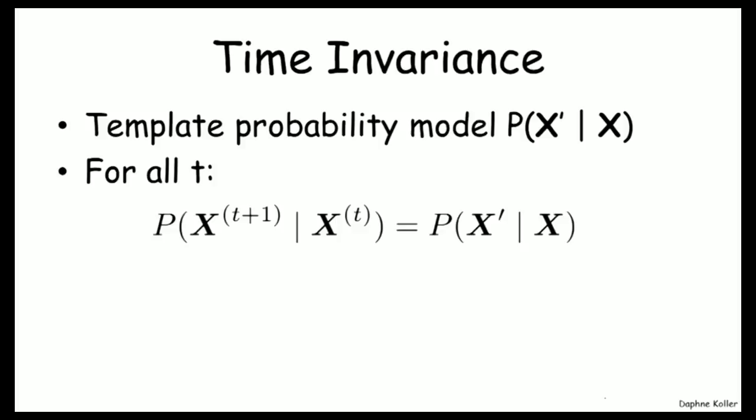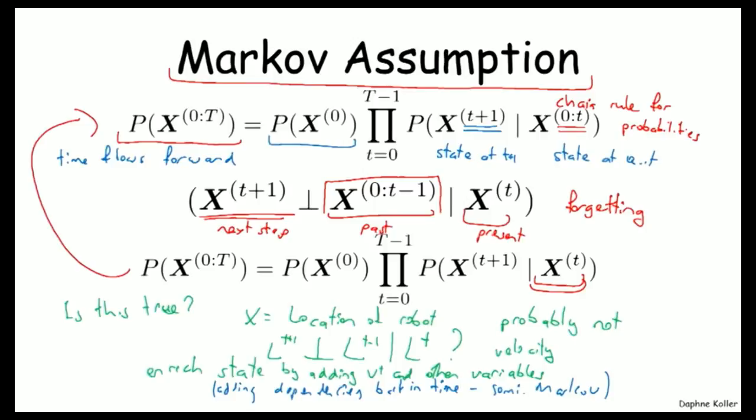The second big assumption that we are going to have to make in order to simplify the model is intended to deal with the question of, well, fine, we've reduced the model to encoding a probability of x of t plus 1 given x of t, but it's still an unbounded number of conditional probabilities. Now, at least each of them is compact, but there's still a probabilistic model for every t.